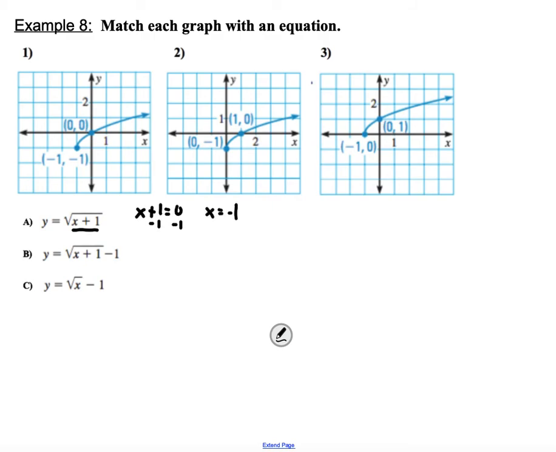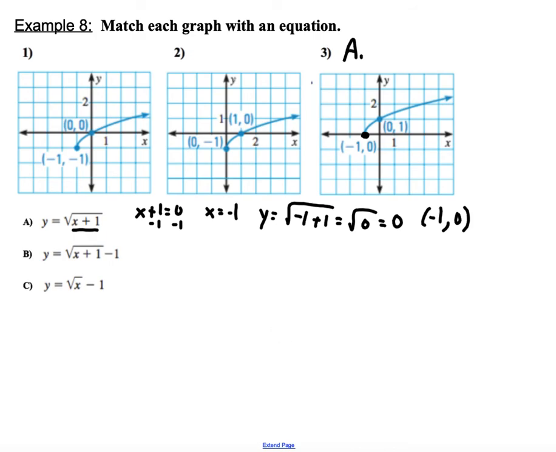So then if you put negative 1 back in there, the ordered pair there is negative 1, 0. Where the radical there is sitting at. So which one is sitting there at negative 1, 0? This one right there. So number 3 there is letter A.